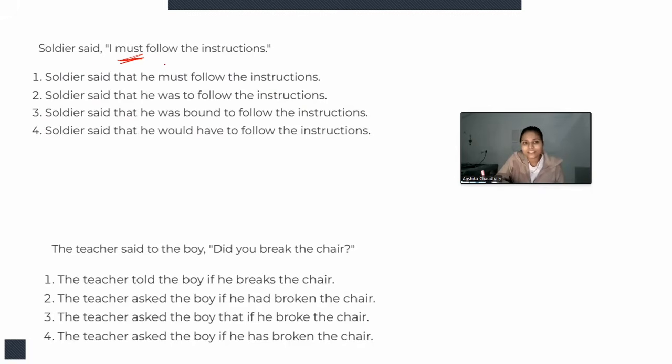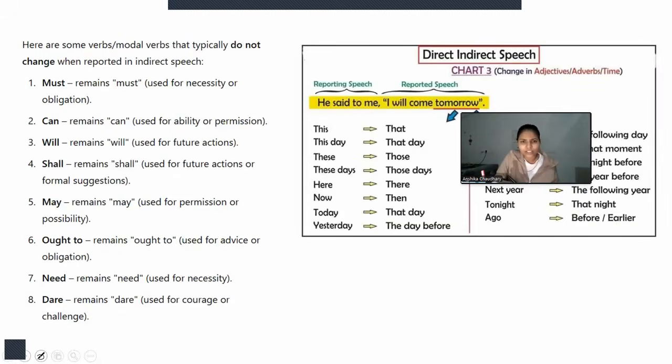So soldier said that, and this subject will be converted according to this, right? Sorry, according to this. So I will be converted to he, right? According to this, third person, I will be converted to he. There is a rule, guys. I think you know, and I think I have attached the chart as well.